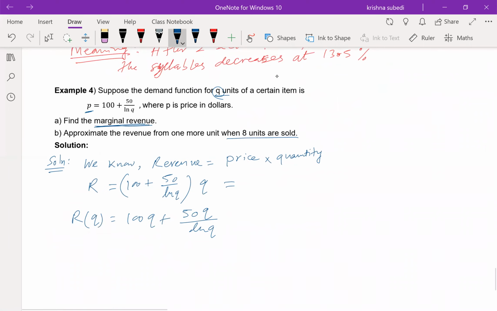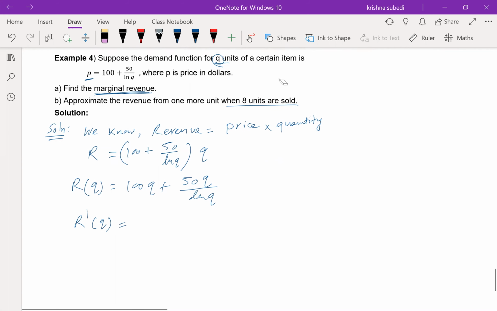Now, guys, I would like you to find the derivative of this. And I'm sure you can do this by yourself. So the derivative of this will be: derivative of 100Q is simply 100, plus the derivative of 50Q over ln Q. We need to use the quotient rule here.